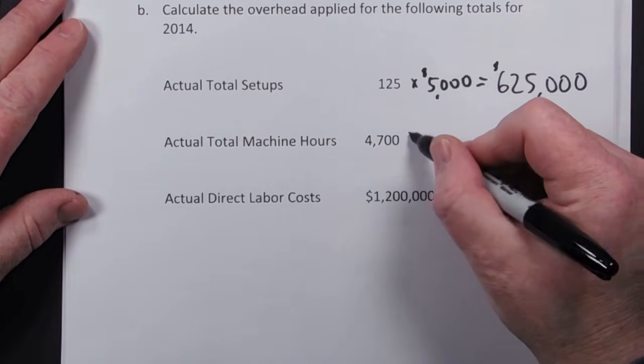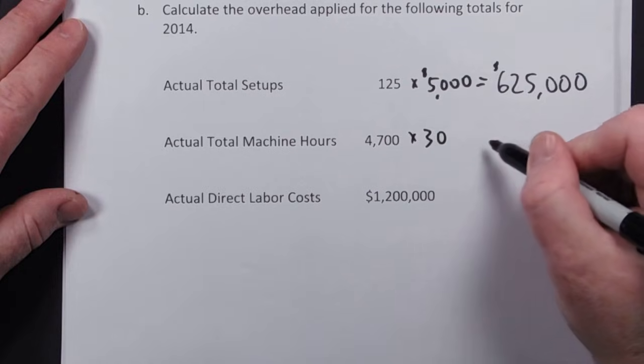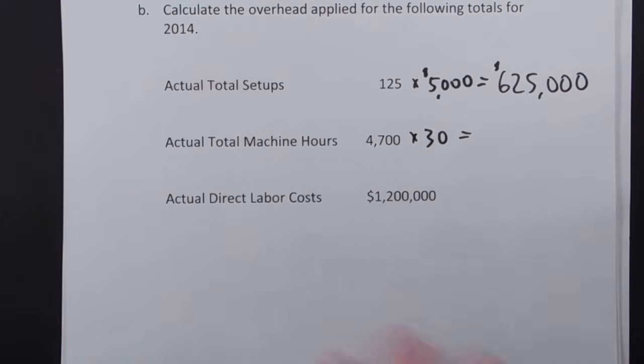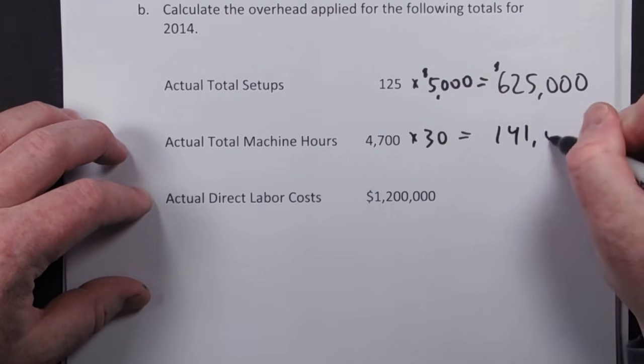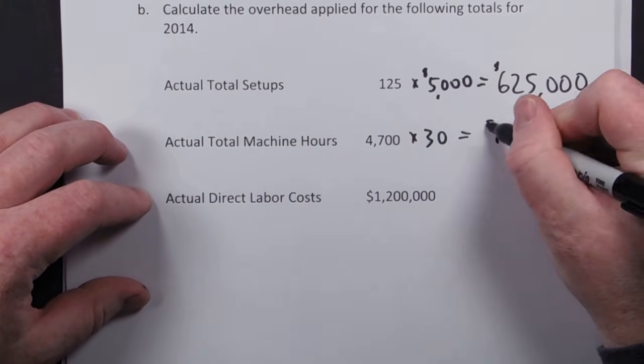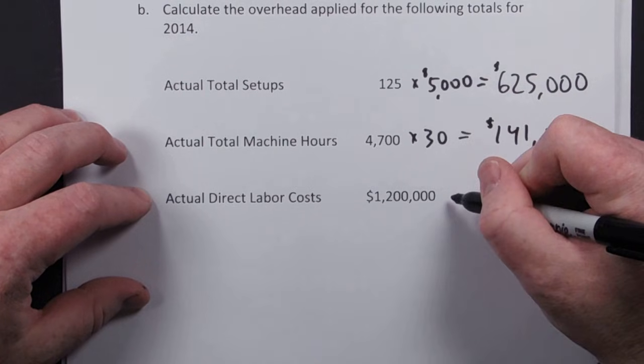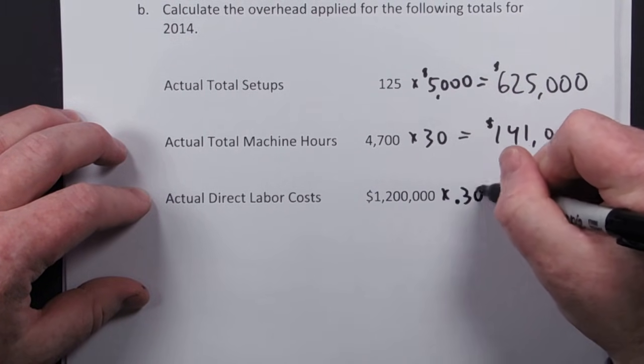It's $30 an hour, $141,000, and 1,200,000 times 30 cents. So it's 30 cents per dollar of actual direct labor costs.